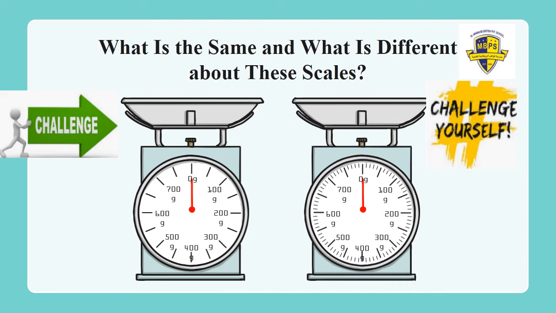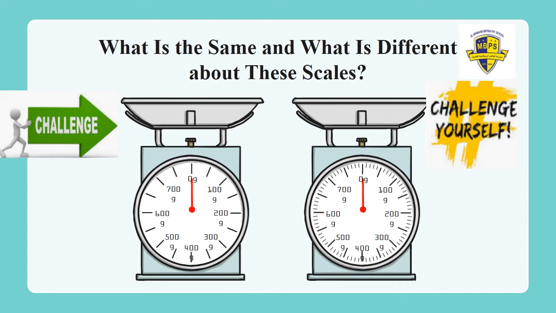Okay, now can you tell me about the second one? We have more extra lines between 0 and 10. So what do you think? Each one represents what? Good. Maybe this represents 10.